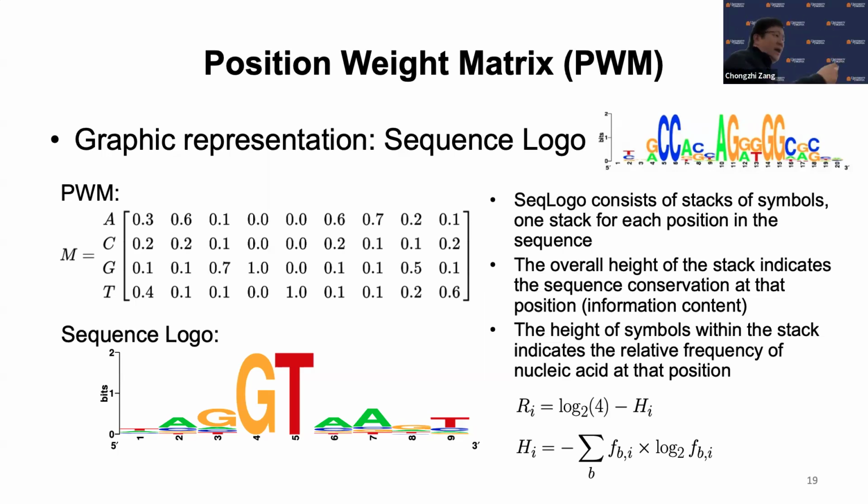But if we have multiple possible nucleotides in one position, the information is lower, meaning that we have less information to distinguish them. And in case we do not have any information, then the height can represent this. So it is a very good visual way of representing a position weight matrix.